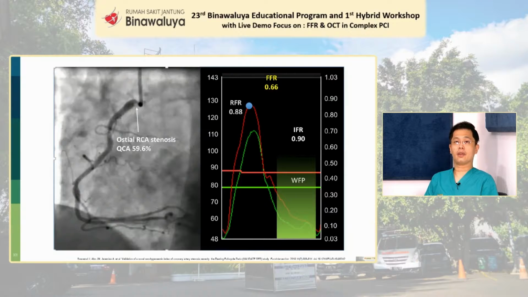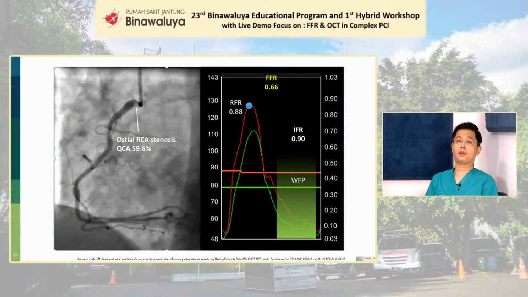So we know that the overall measurement can actually not necessarily be the lowest during the wave-free period, as you can see in this demonstrative case that I've illustrated from the literature, in that the IFR in this particular case for the ostial RCA stenosis with a QCA measurement of 59.6% stenosis was 0.9 in a wave-free period, but the RFR was significant.